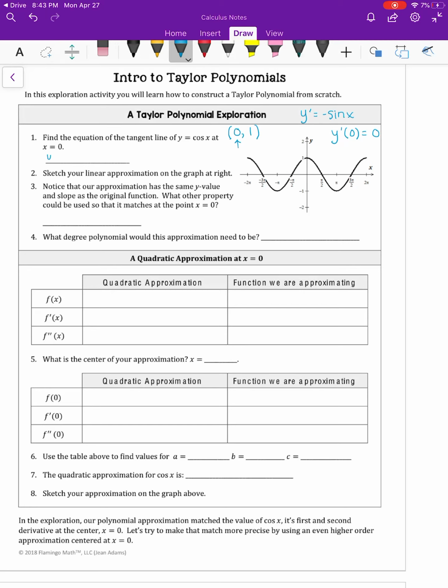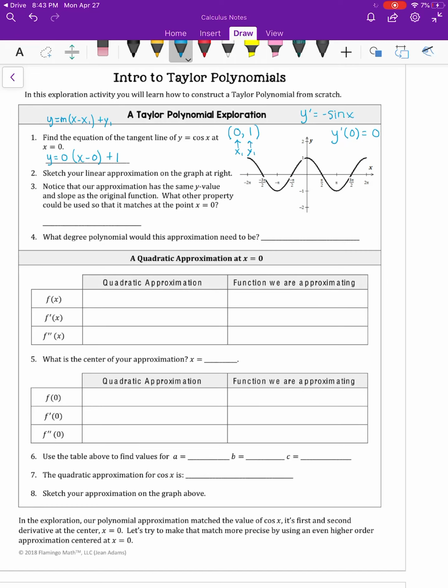So now I'm going to use y equals m times x minus x1 plus y1. Here's my m, and I'll write this up here: m times x minus x1 plus y1. Okay, that's typically what we've been doing. So my m is 0 times x minus 0, and then plus 1. My y is 1.